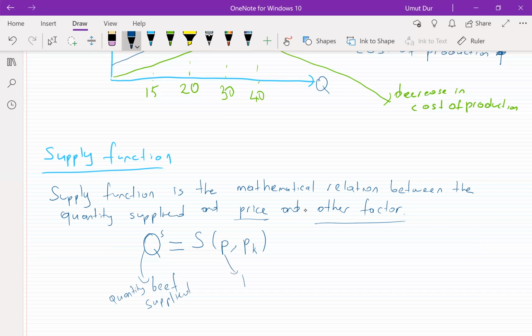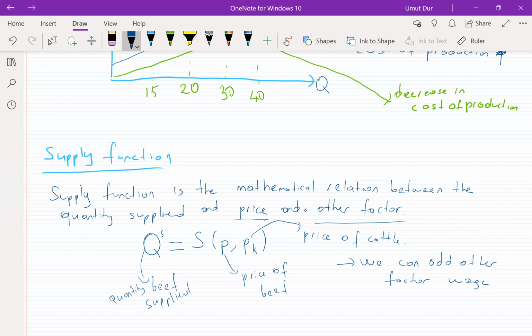This is the price of beef, and the input of the beef is the cattle itself. So this is the price of cattle. We can add other factors here, for example, wage, and so on.